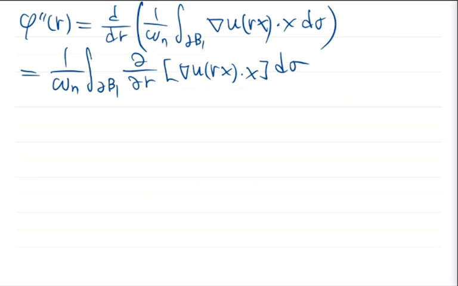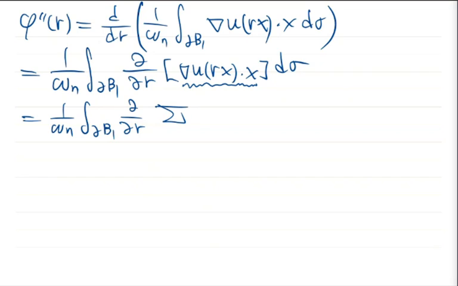But this is just the inner product, the sum from i from 1 to n of d_i u(rx) times x_i, then d sigma.